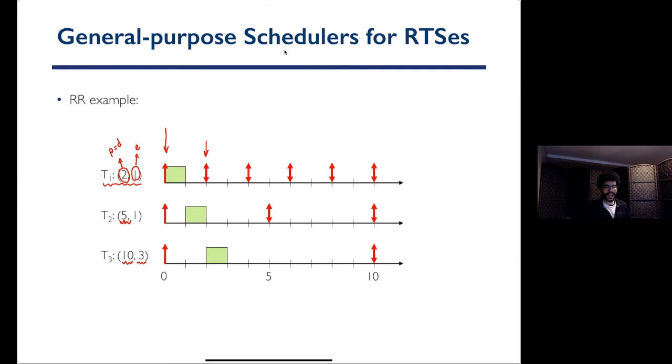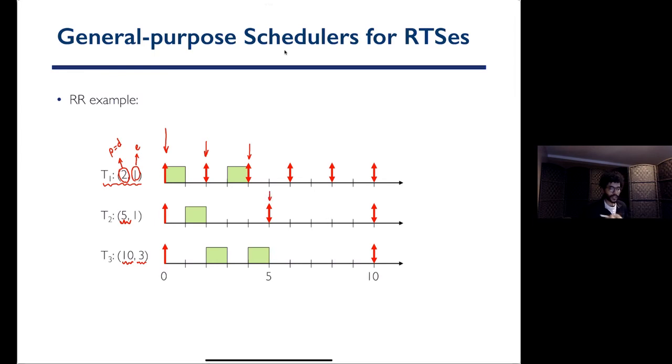So T2 doesn't have any jobs in the system. If I look at the queue, I have T1, so I'm going to run T1. Now I don't have anything from T2, so I'm going to go back to T3 and run it. At the end of this time, I have received 1 job from T1 and 1 from T2.